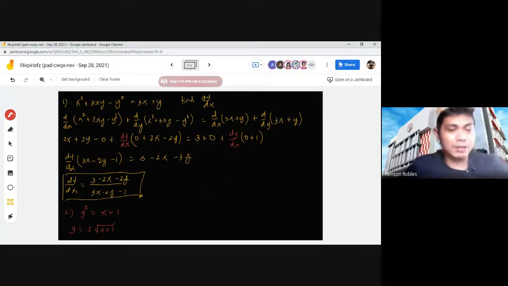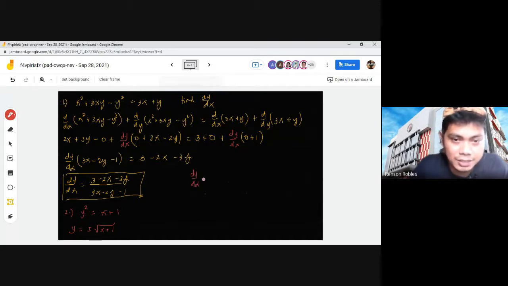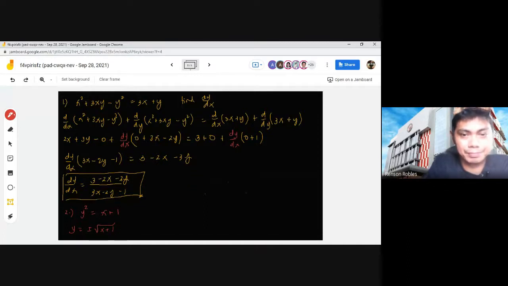So if you want to get dy dx, sulat natin siya of this form. Y equals plus or minus x plus 1 raised to 1/2. Right?